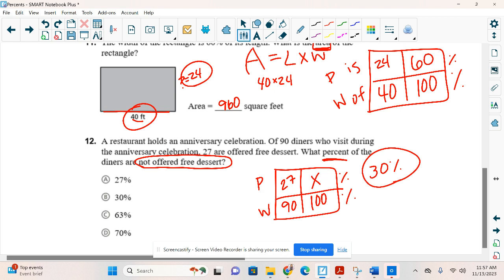We're talking about the percentage. We already figured out the percentage that did get offered a dessert. So if it's out of 100%, how many did not get free dessert? 70. Because there's 100% of people, and only 30% of them were offered dessert. How many of them were not? 70%.